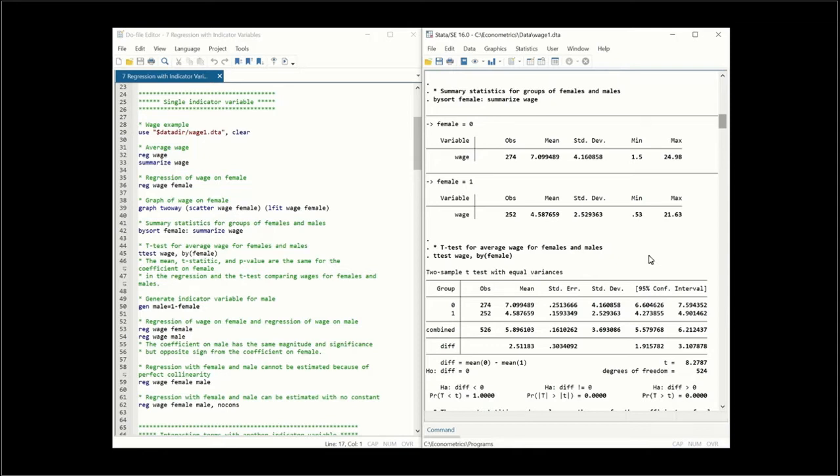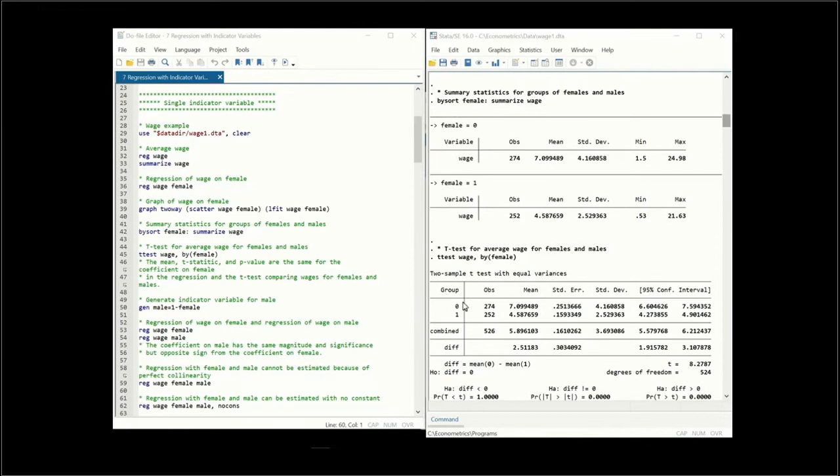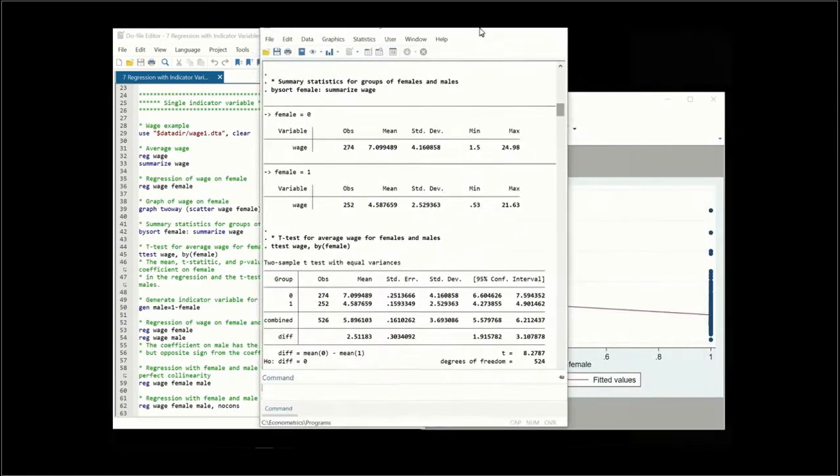So here we can do the graph of wage on female, and we would use graph twoway scatter wage on female, and then we will do a linear fit of wage on female because I want to see the regression line for this regression. So if you execute this line here, this is the graph that you will actually see.